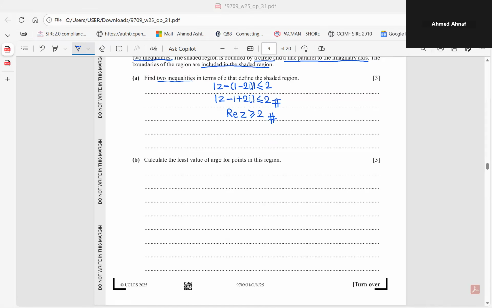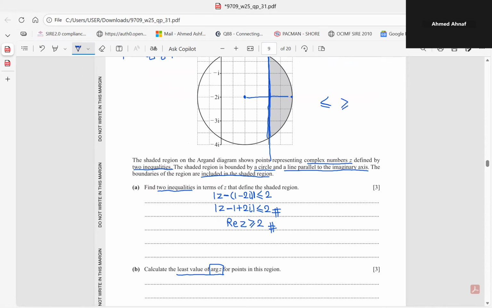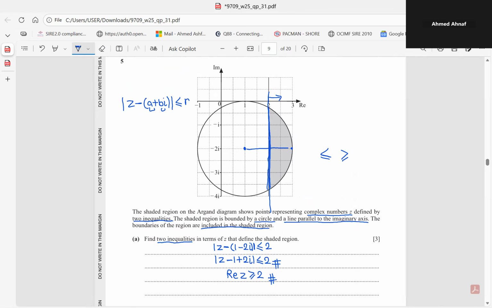Okay, so for the second part, we're told to calculate the least value of arg z for the points in this region. First we need to know that arg z is just the angle from the real axis to a point in the region. Let's take this point.